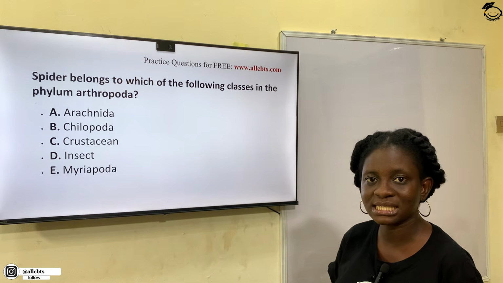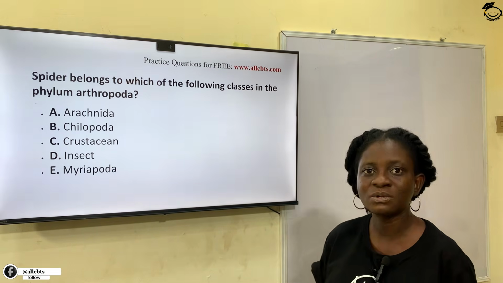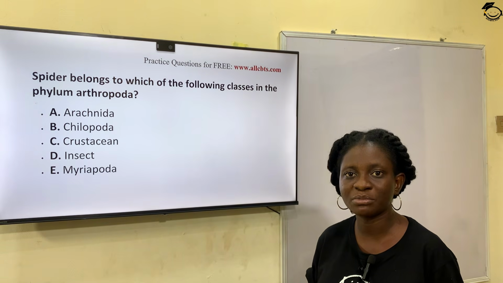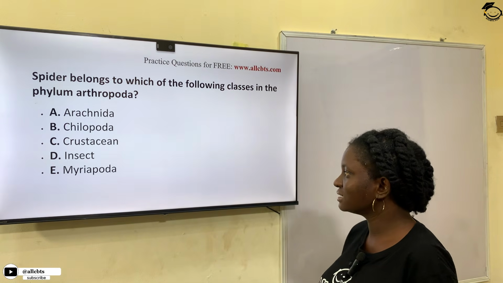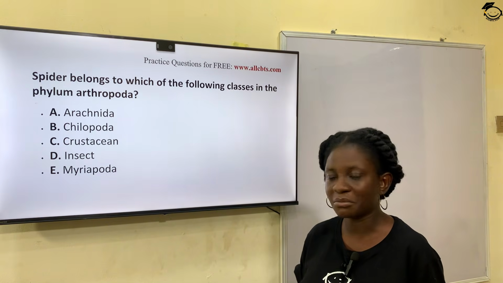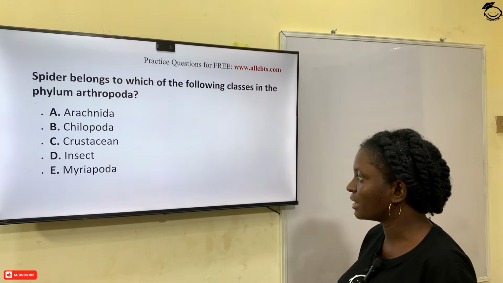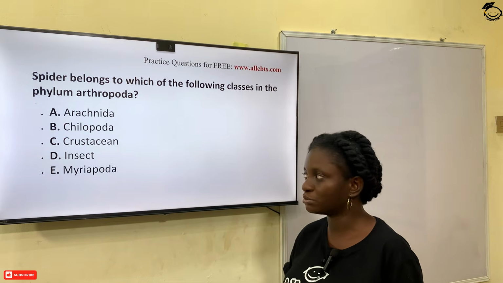The correct answer is Arachnida. Arachnida is the class which spider belongs to. Also, scorpion belongs to this group. For Crustacea, we have crabs. For insects, we have things like mosquito. Then E, Myriapoda, we have millipede. So the correct answer is Arachnida, option A.